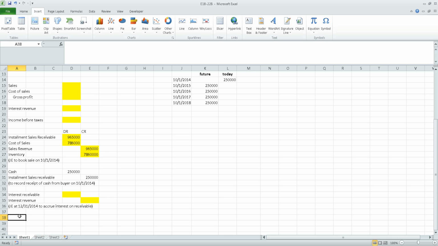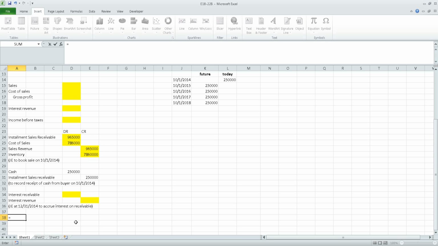So the journal entry is debit interest receivable, credit interest revenue, and the amount that we're going to book this entry for is calculated by taking the carrying amount of the installment receivable at the beginning of the interest accrual period. Because the sale took place on October 1st, 2014, and we're standing here at December 31st, 2014, we've got October, November, December, a 3-month interest accrual period.